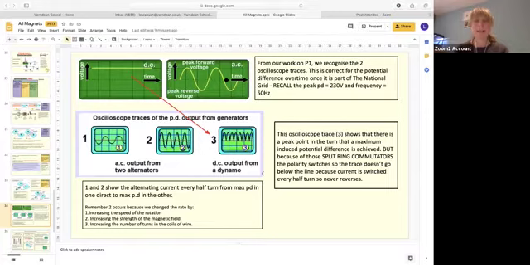Now, using our little dynamo generator, there is going to be a peak point when the potential difference is at its maximum at some point during that turn, when it's absolutely perpendicular to all the other field lines and it matches up perfectly.